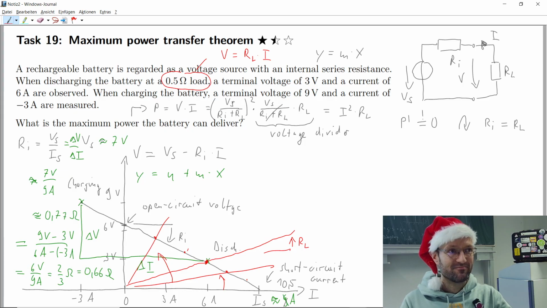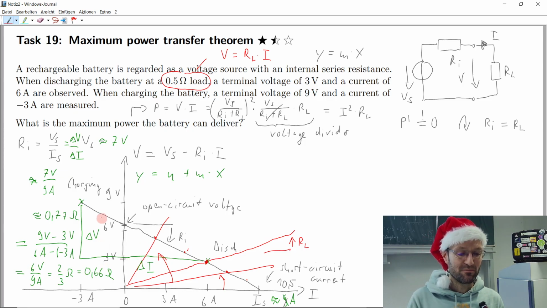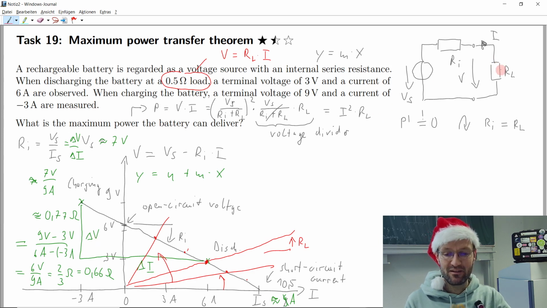Can we flip the source? Yeah, we could somehow flip the source, but the problem is that if we are moving from this first quadrant to the second one, our battery here is always discharging, here it's charging. And by just having a resistor on this side, we will never ever get it charging.